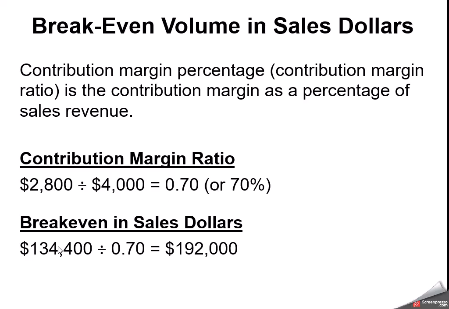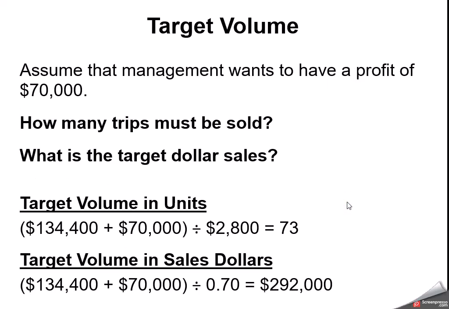Then you could take your fixed costs and divide it by that percent to get the sales dollars that you would need to break even. Again, you would do that if you didn't have the per unit costs available.